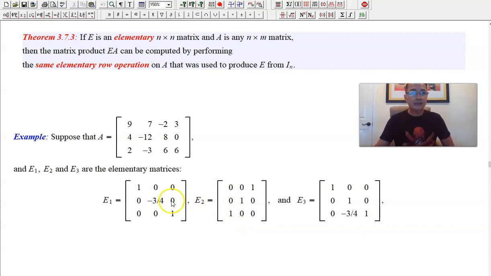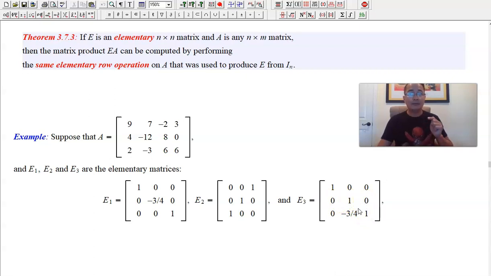I decided to use the same number, negative 3/4, in both the scaling transformation and the sum transformation. So to get the third row from the identity matrix, we take the second row of the identity matrix, multiply it by negative 3/4, and add it to the third row. So we don't change the second row.